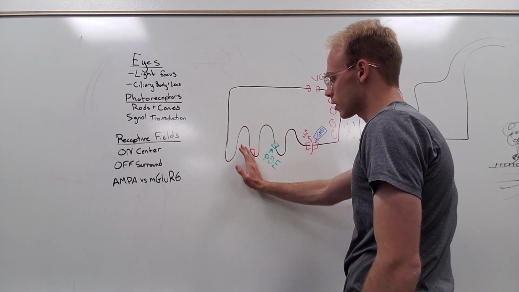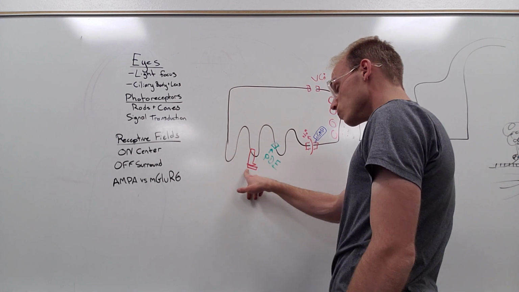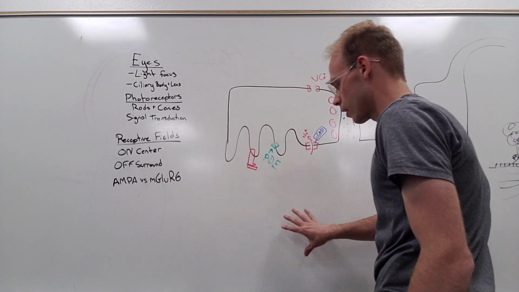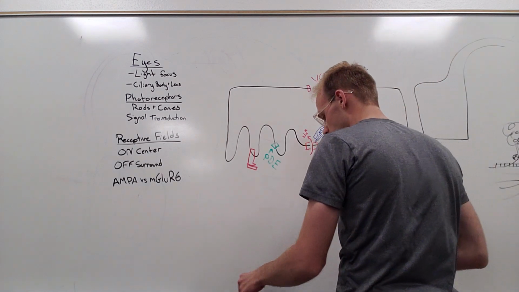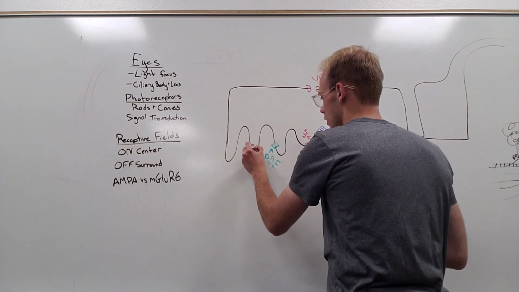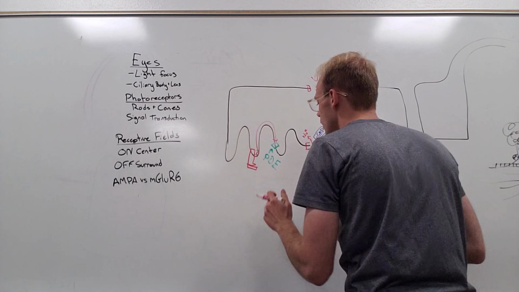When light hits the photoreceptor and hits this protein, it turns the cis-retinol into the trans-retinol. And what that does is that activates, so this is a G protein, activates the alpha subunit, and this turns on the PDE.